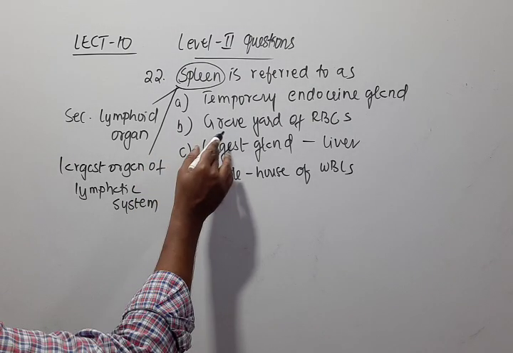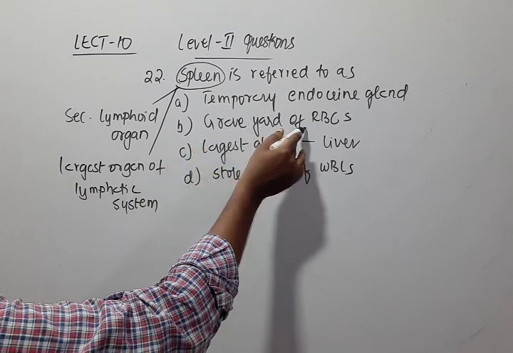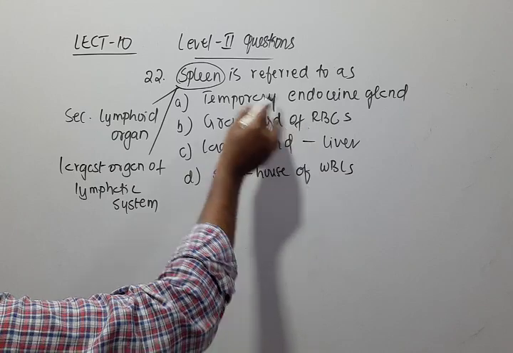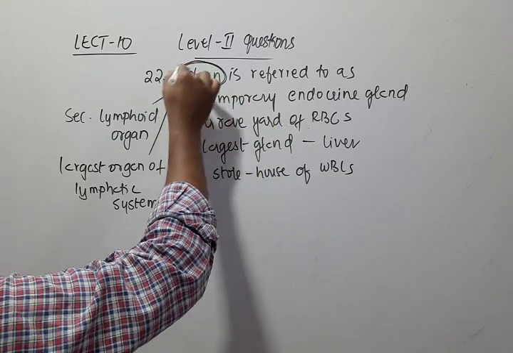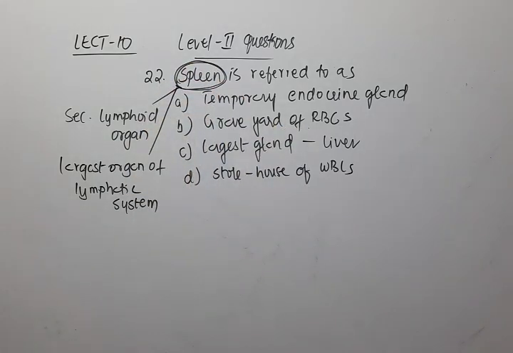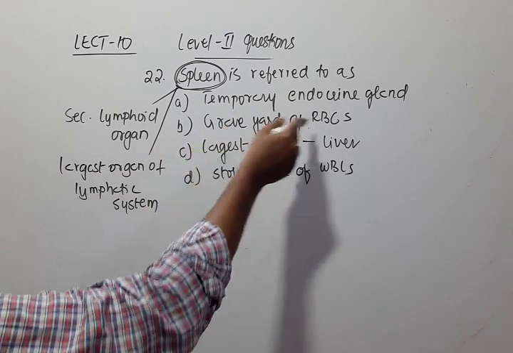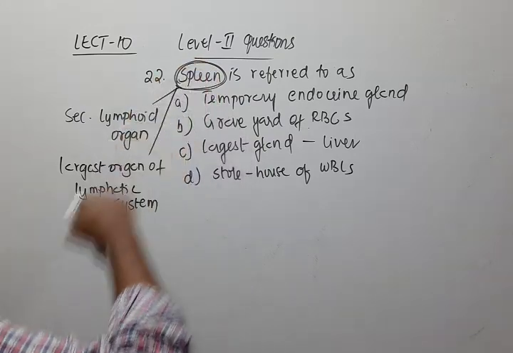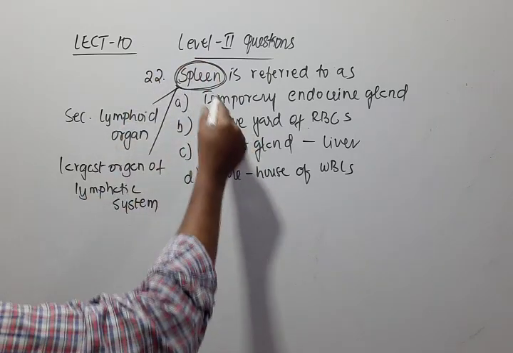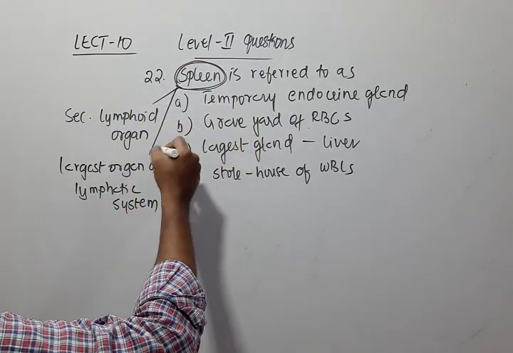Of course here, the dead RBCs are taken up and processed in the spleen. Because the dead RBCs are processed in the spleen, we call the spleen a graveyard of RBCs.